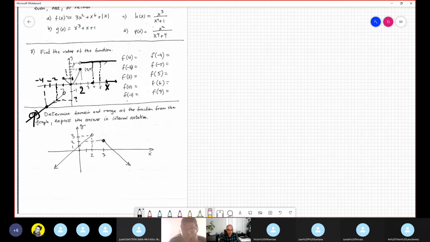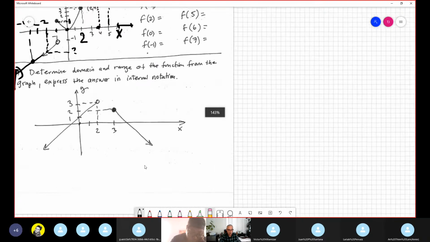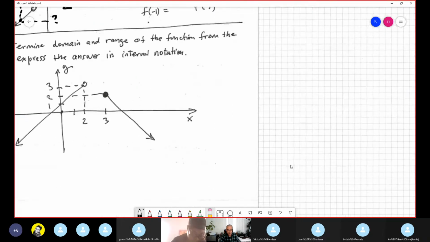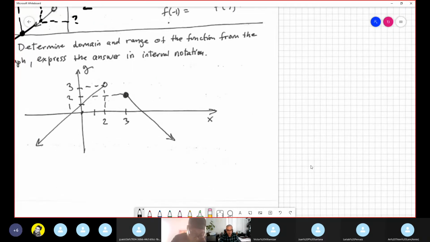Okay, so let's focus on the graph. Let me zoom to see more clearly. Boom. Remember, what's the idea? The idea is you have a graph. You pick an arbitrary point on the curve. And you're projecting this point onto the x-axis if you want to investigate domain.